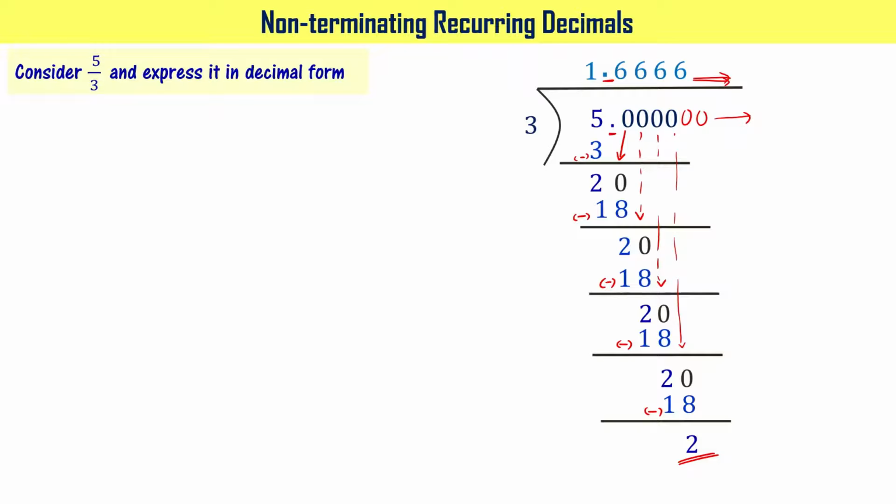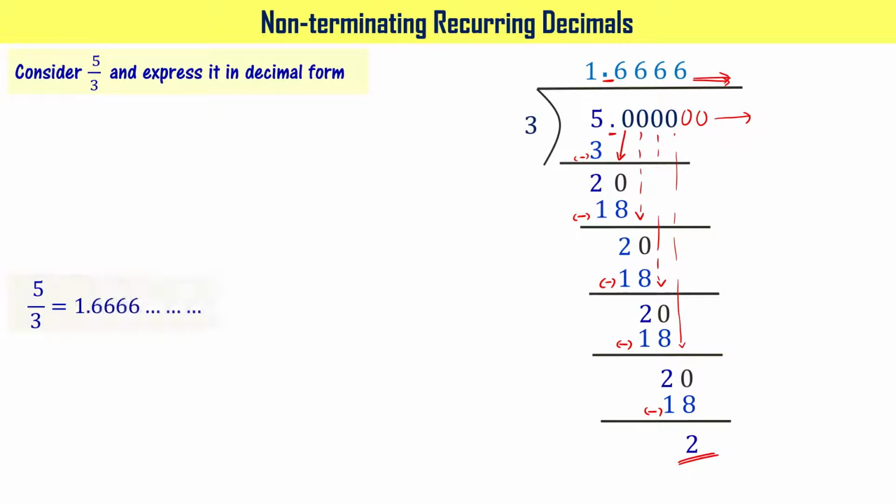This is the difference compared to the earlier problems we have seen. In those cases, all the time we were getting the remainder as 0, whereas here, the number 2 is the remainder, and once you bring down 0, it becomes 20, and you are subtracting 18 from 20 and again getting 2, right?